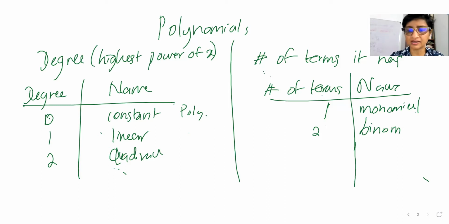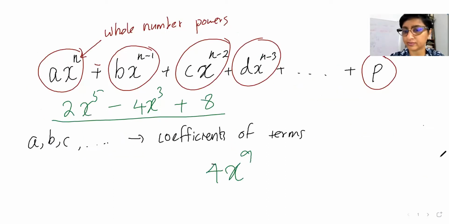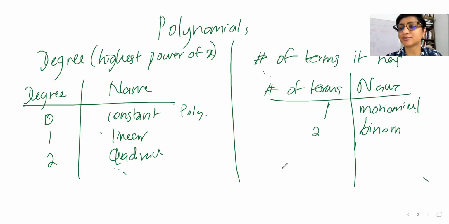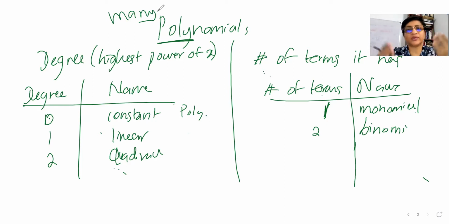If a polynomial has one term, it's a monomial. Poly means many, so that number can be any number, starting with 1.